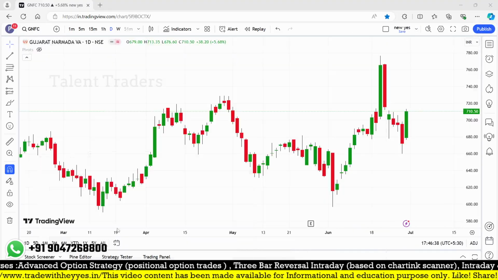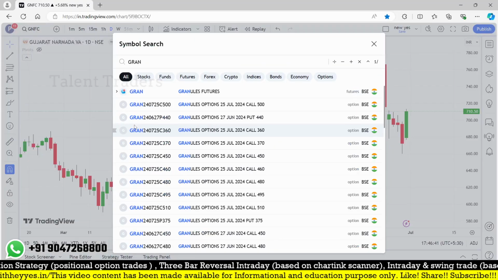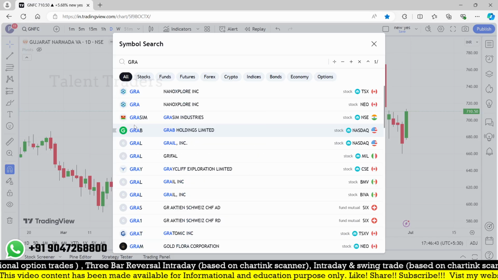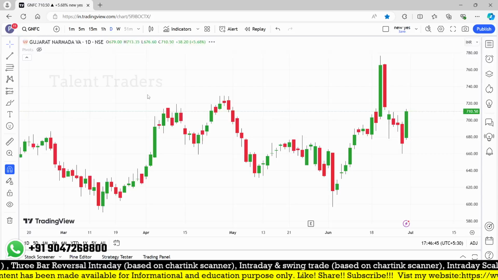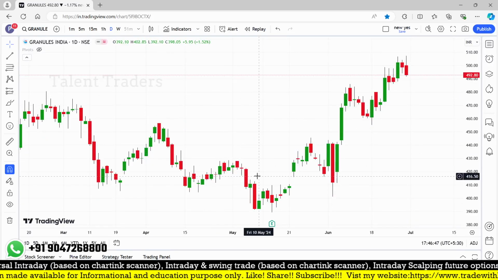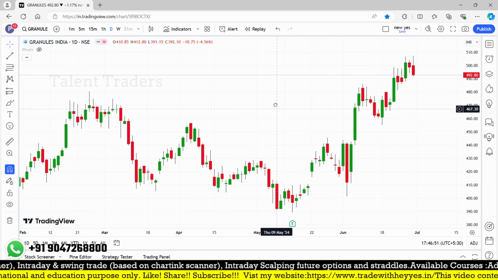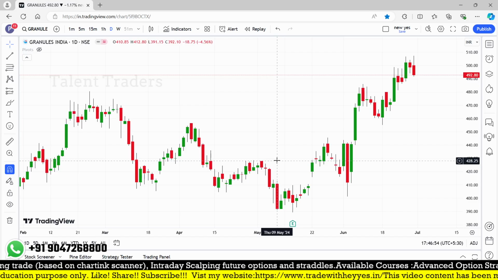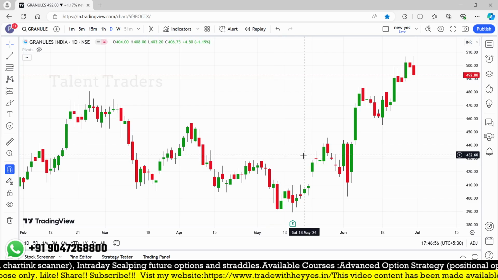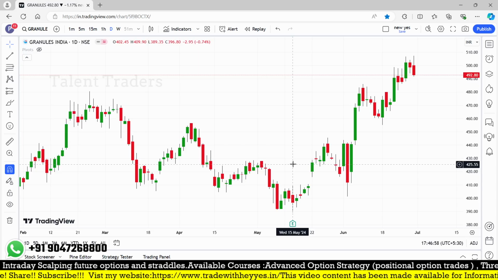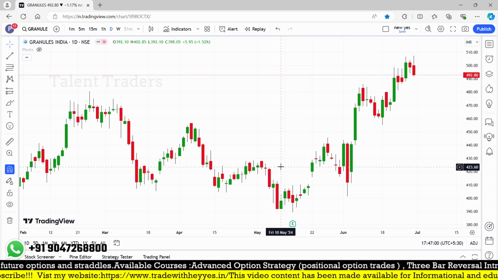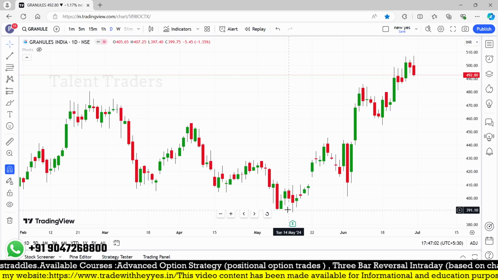And Granules, IDFC. Okay, this is also working good, and it maybe did not trigger our stop. Maybe it is triggered, I think. Yeah. So here maybe the previous low is around 391.5, this candle 392.1, and here it made a low of 389. So it maybe triggered our stop loss by 2 rupees. So no problem.